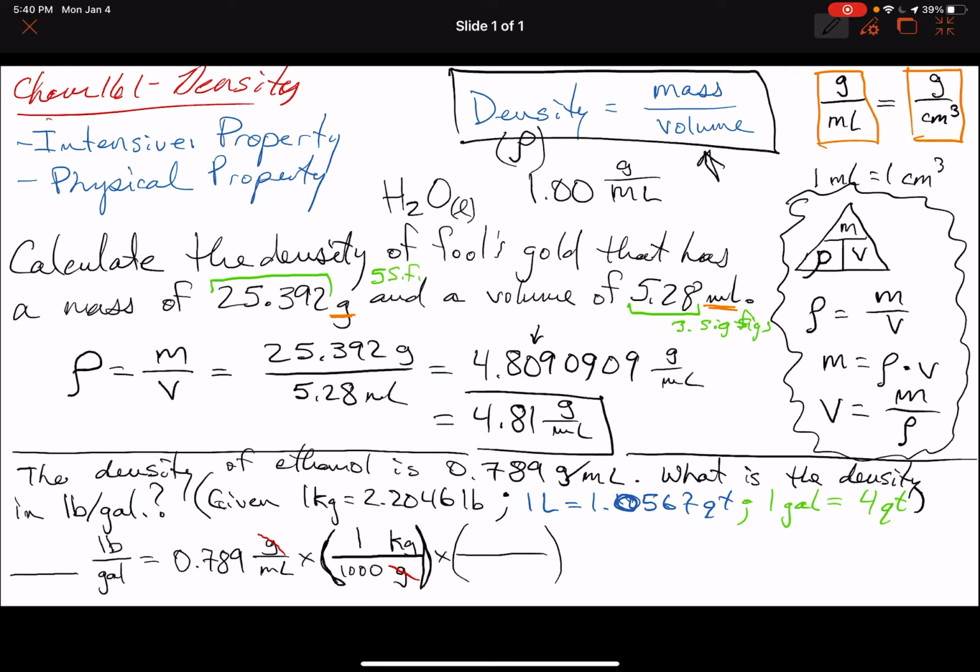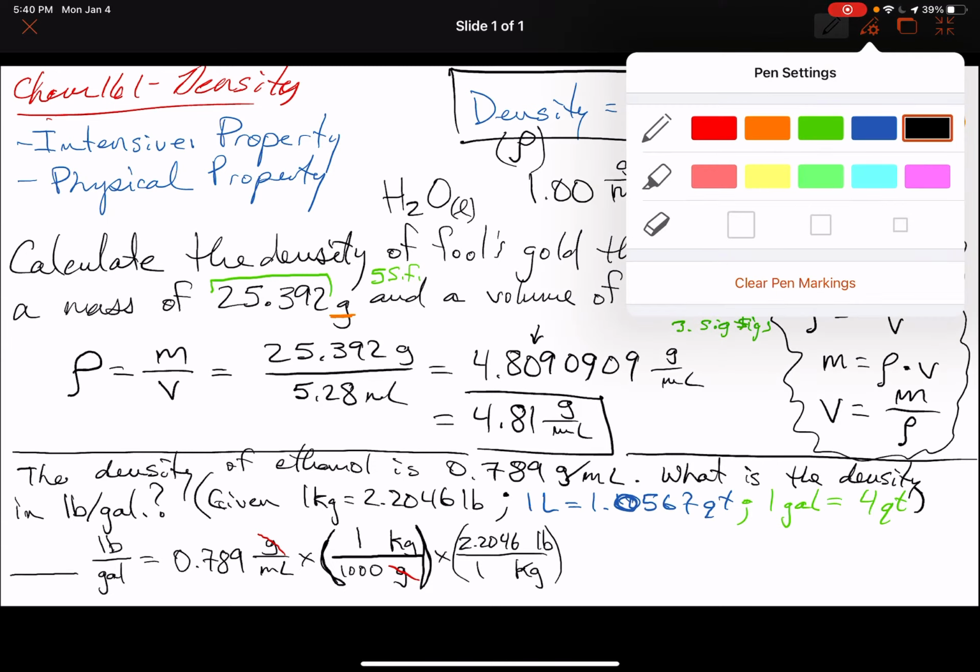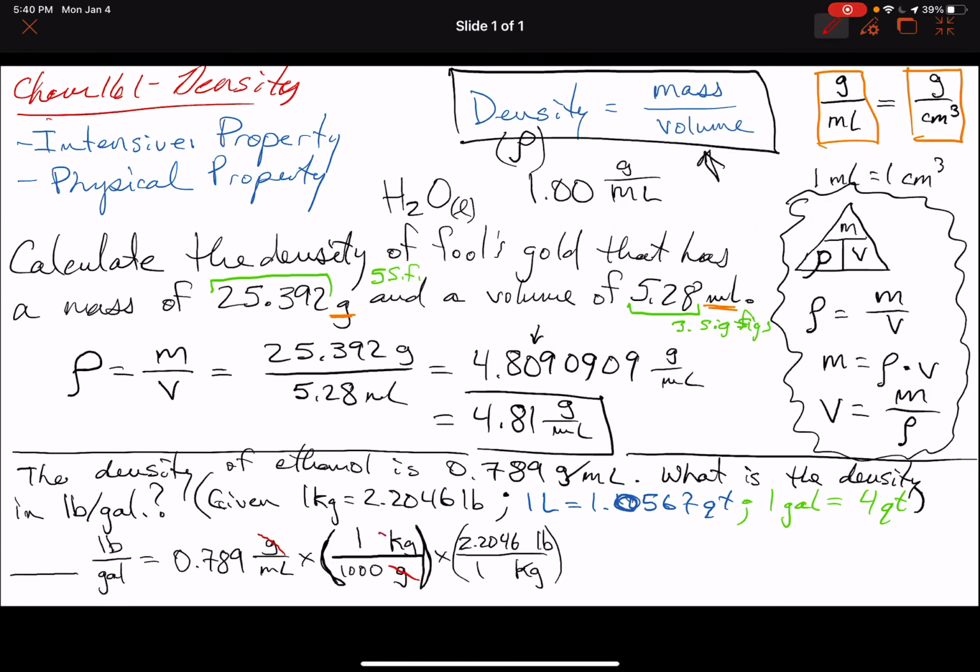We know that there are 2.2046 pounds per kilogram. And this now sets up the canceling of those new units that we just positioned, the kilograms. Having multiplied by this, we would be able to report our answer as pounds per milliliter. A step in the right direction, but we're still not done.